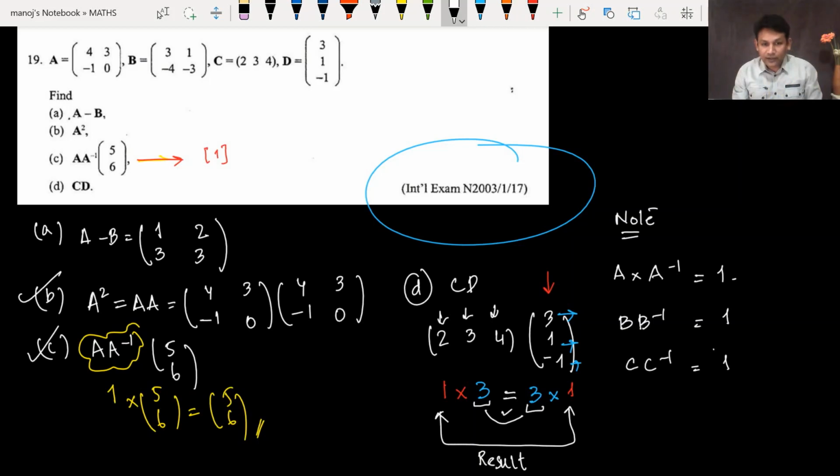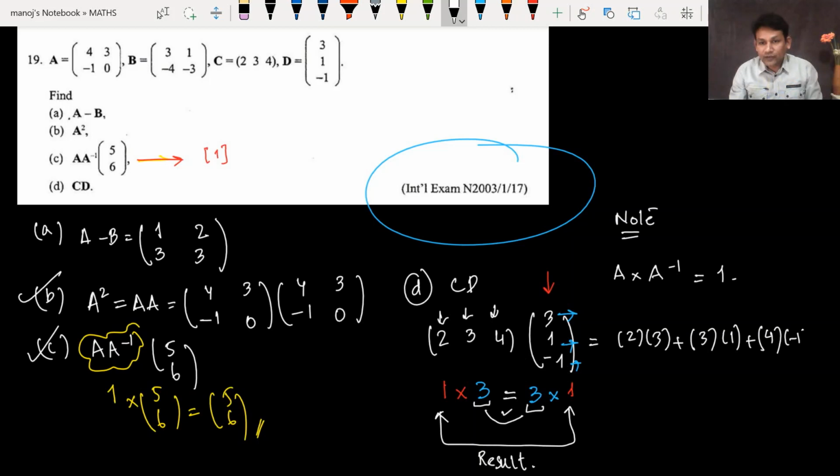So I want to check it now. How we can check? We can do the multiplication here. Okay, what's here the multiplication? First row, first column, 2 multiplied by 3 plus 3 multiplied by 1 plus 4 multiplied by minus 1.